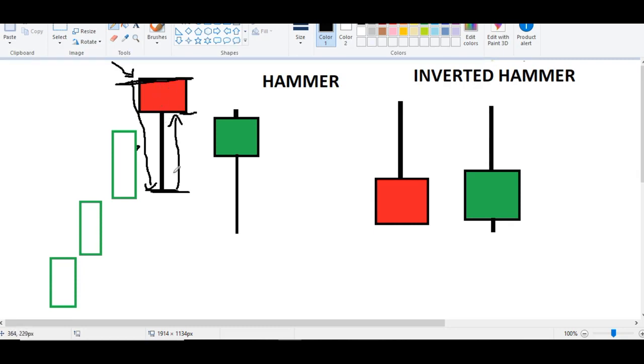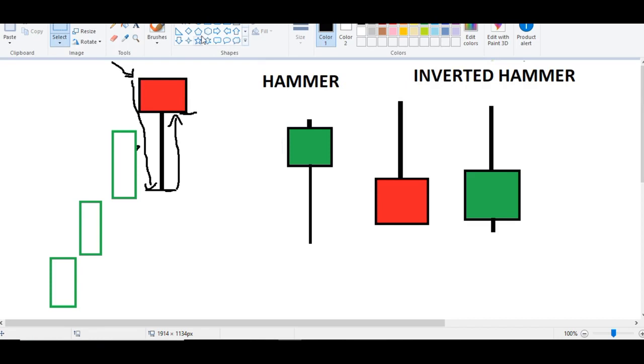And so basically there's a fight going on between the buyers and the sellers, and they both are not allowing price to go anywhere. So this is a big signal of indecision, right? And so followed by this, we may see a trend reversal, meaning price may reverse like this.